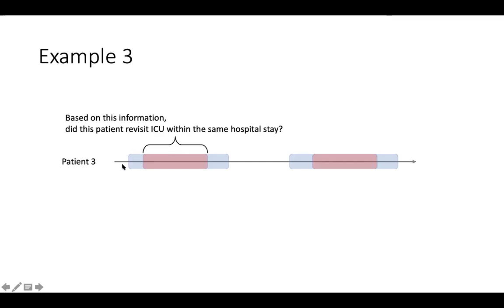Because this blue strip represents a single hospital visit. This patient did revisit the ICU again in the future, but not within the same hospital stay. So obviously, when you encounter this type of admission pattern and you want to do ICU readmission prediction, in this case you need to say no.